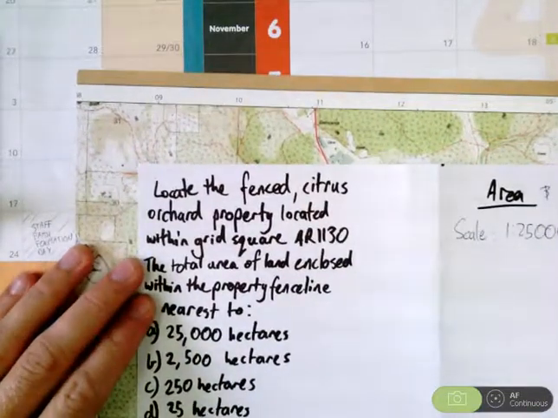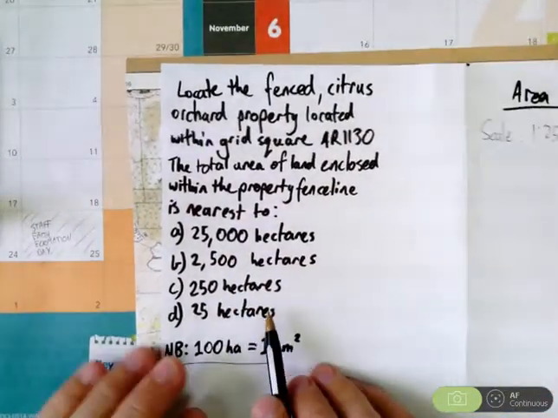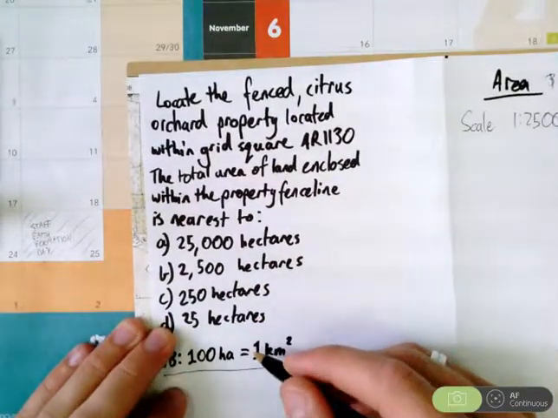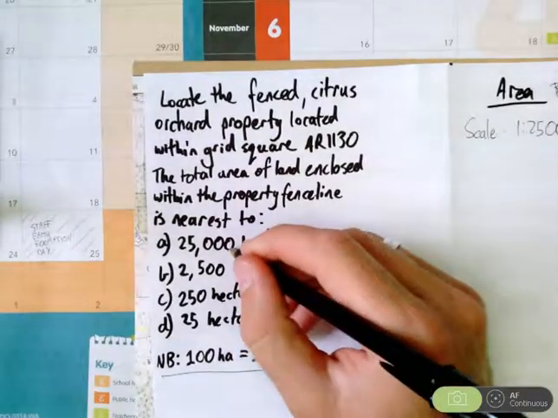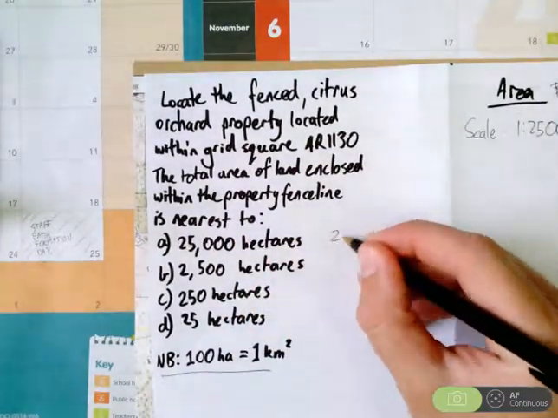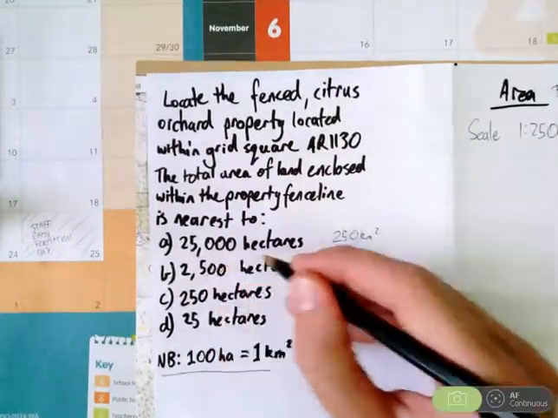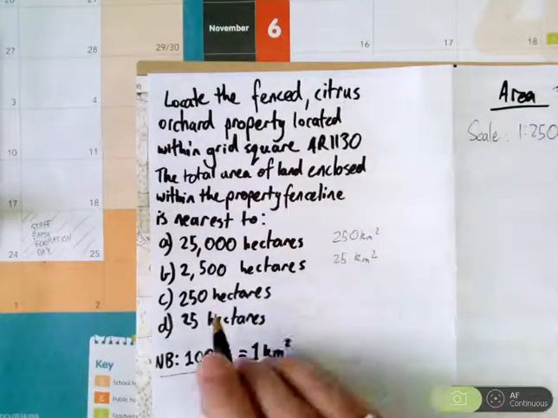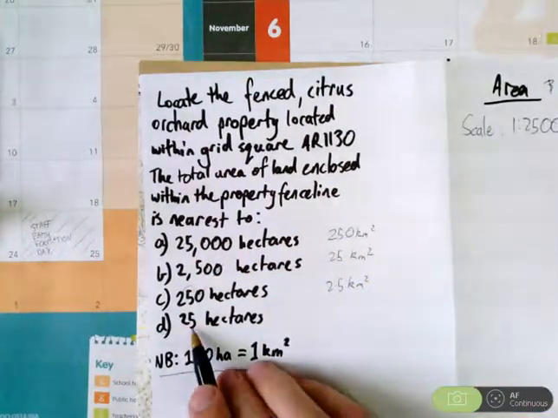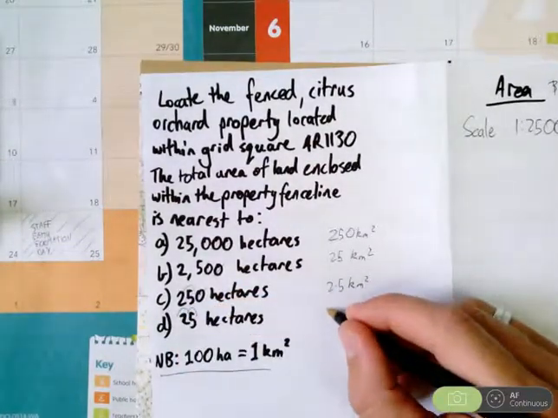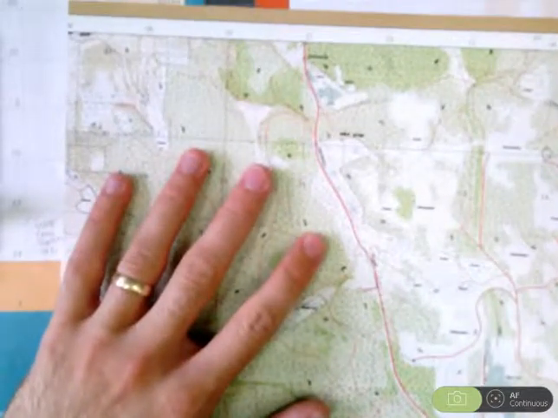For example, if we convert these areas into kilometers squared, you'll be able to see 25,000 hectares, so we're going to cross off 2 zeros, would be 250 kilometers squared. 2,500 hectares would be 25 kilometers squared. 250 would be 2.5 kilometers squared. 25 would be 0.25 kilometers squared.